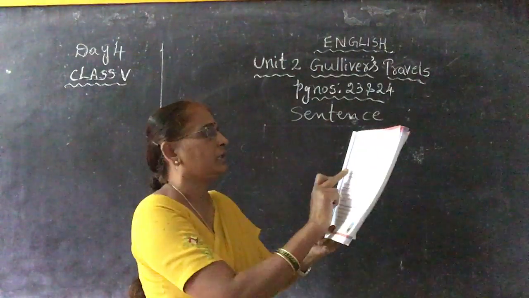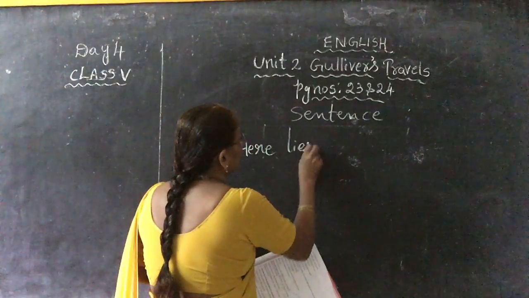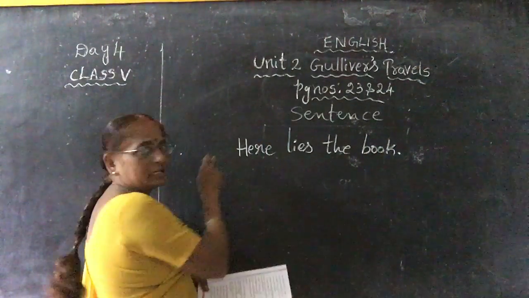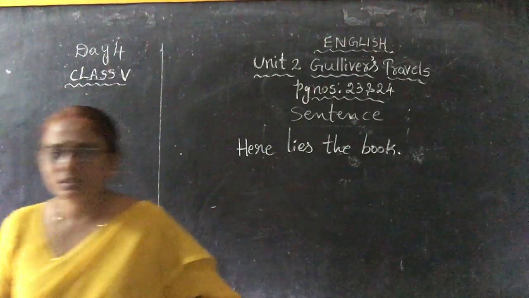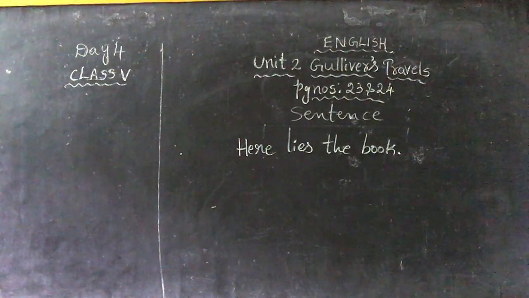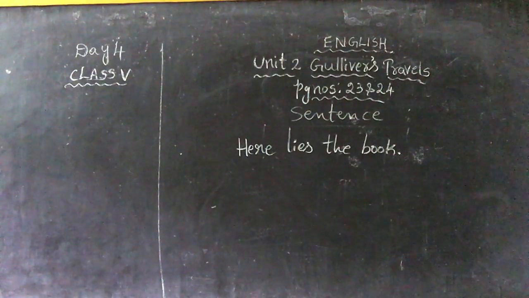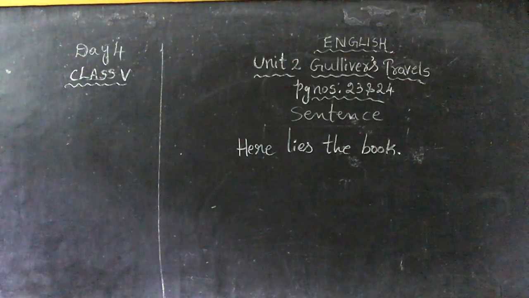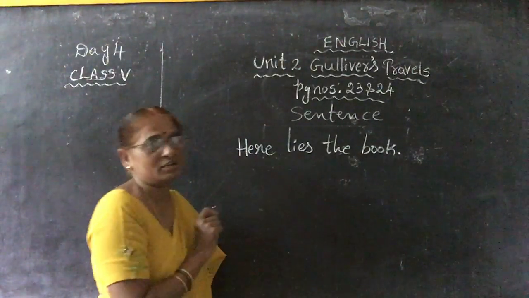See what type of examples here. Here lies the book. See the example: Here lies the book. If the teacher said here is the subject and lies the book is the predicate, that is wrong, children.